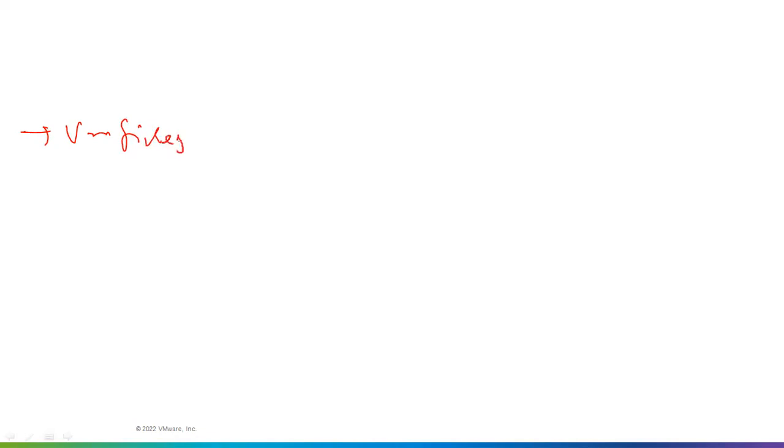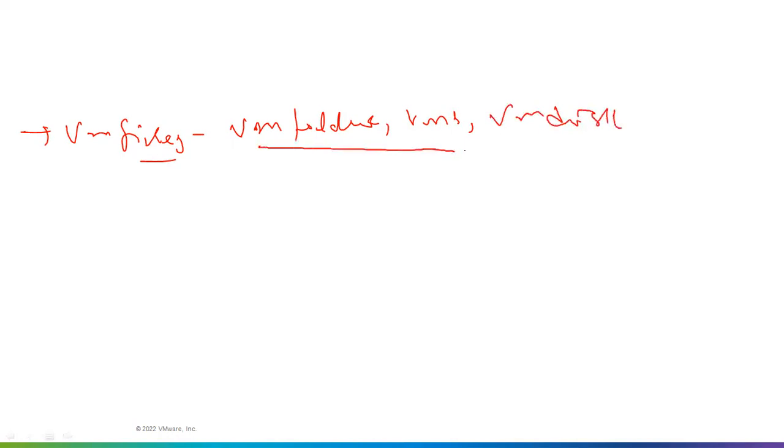So VM native files, when we say VM native files, this is the VM folder, maybe VM snapshot, or maybe your virtual machine disks. Okay, these are the virtual machine native files. For putting your native files, you have provided me the vSAN data store. I am fine.